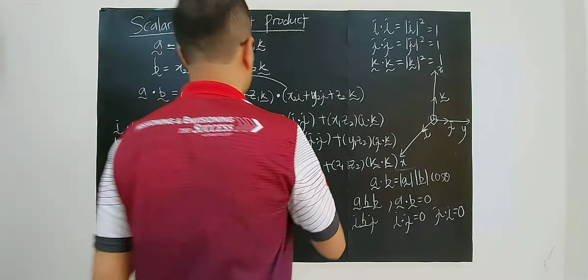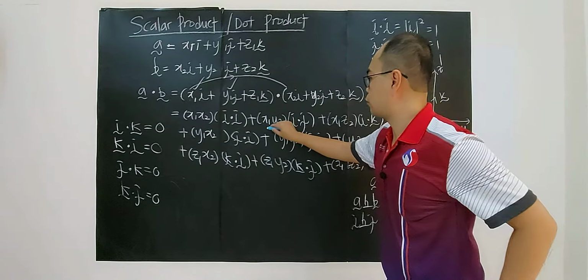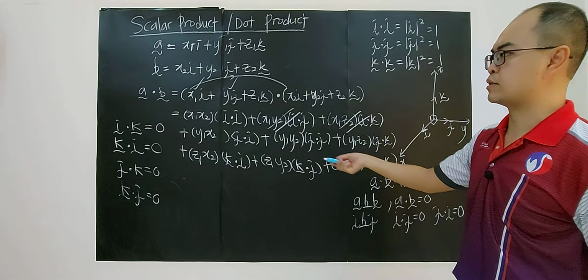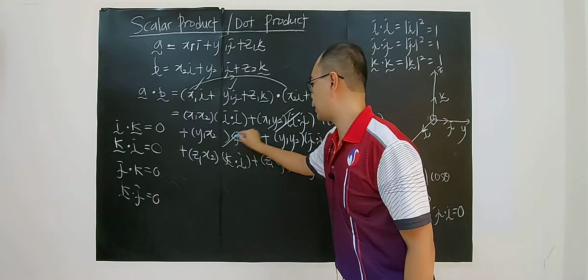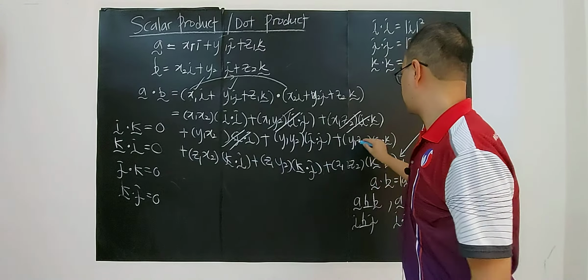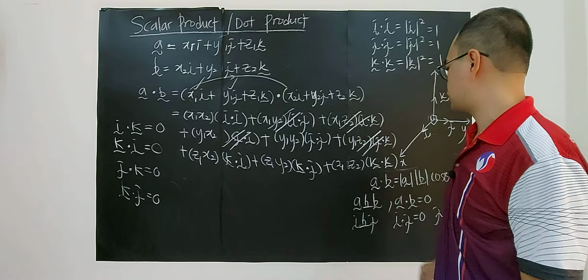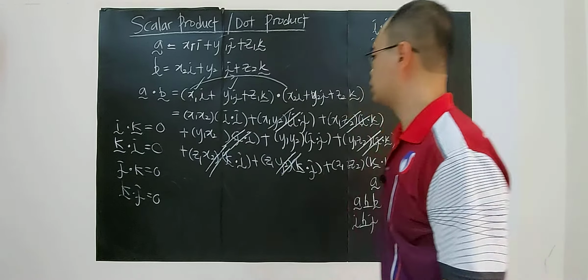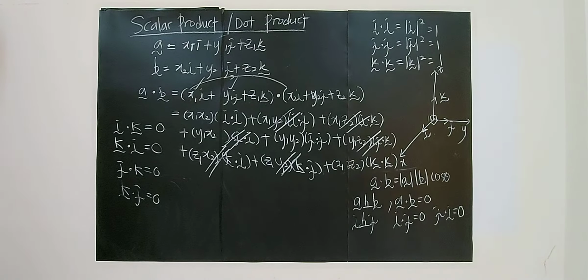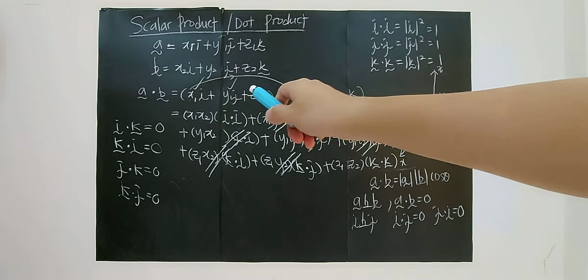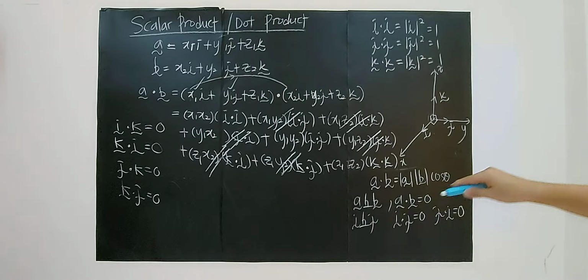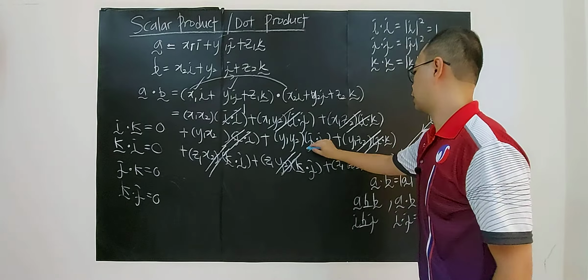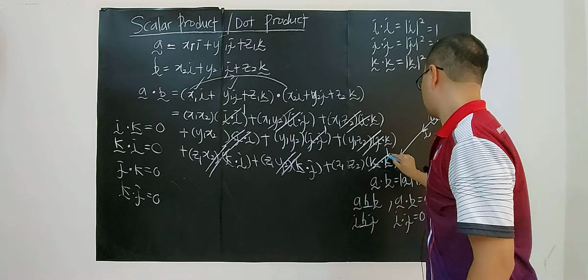I can tell you that this i dot j turns out to be 0, this also will be 0, i dot k is 0, j dot i is also 0, k dot j is 0, and k dot i will be 0. Then this whole thing will become 1, and this will become 1, and this will also become 1.